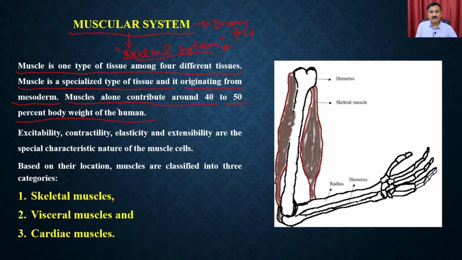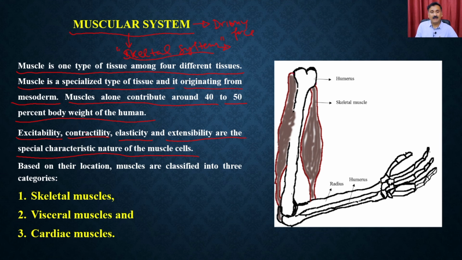Muscles have excitability, contractibility, elasticity, and extensibility, which are the special characteristic nature of the muscle cell. This means muscles can get excited when they get a signal from the brain.